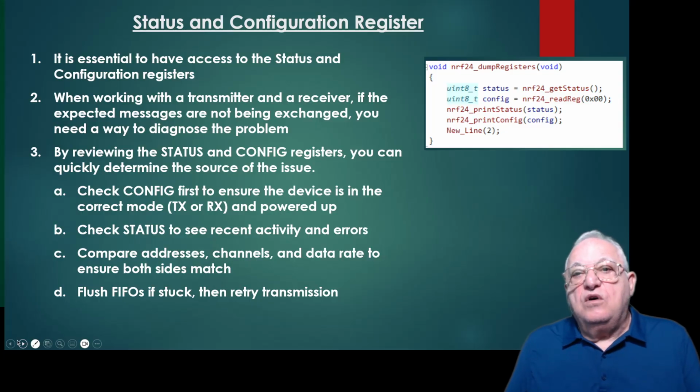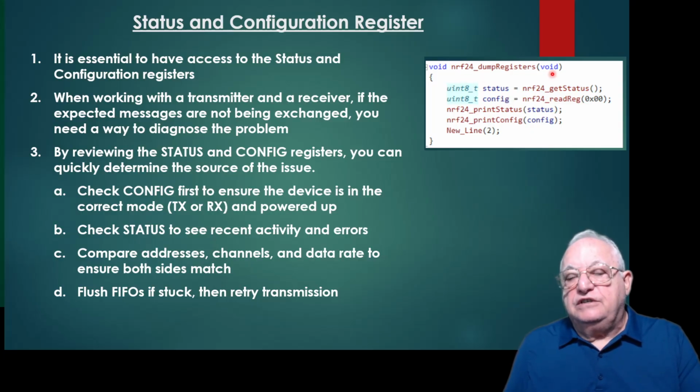Now, this is the code that we're going to use to do this. So we're going to have something called the dump register. What we do is we get the status, and for that I created an NRF24 get status, and then we're going to get the configuration. The configuration is just by using the read register 00. That's all I have to do.